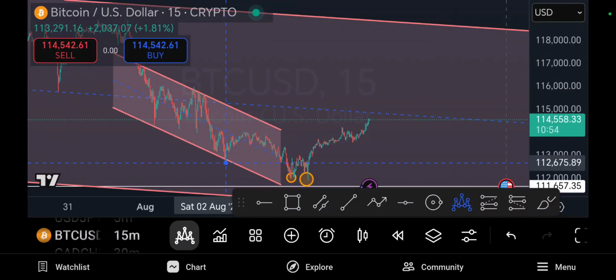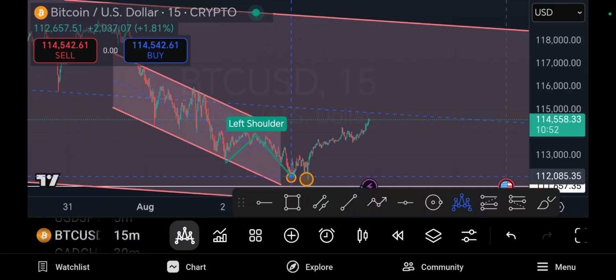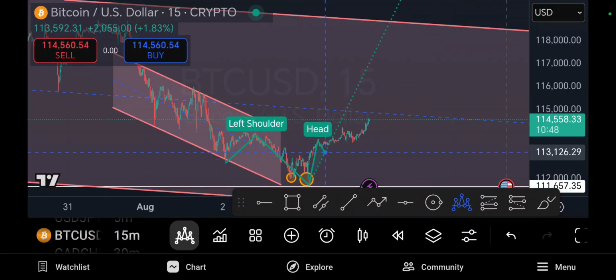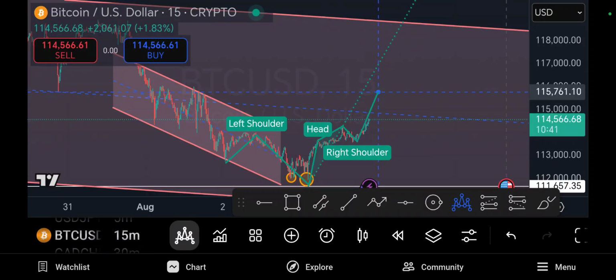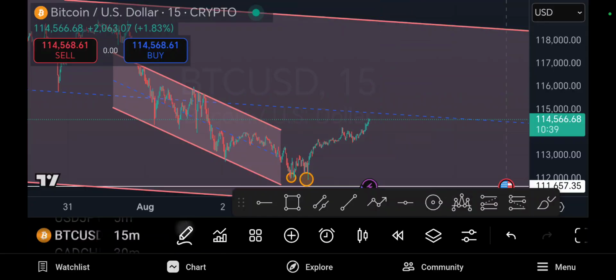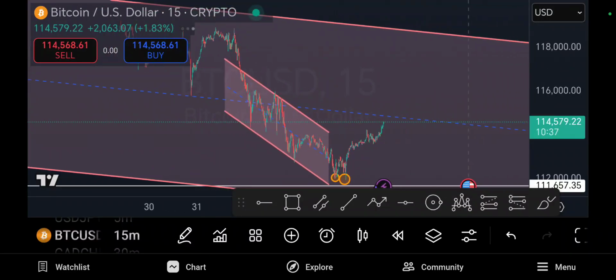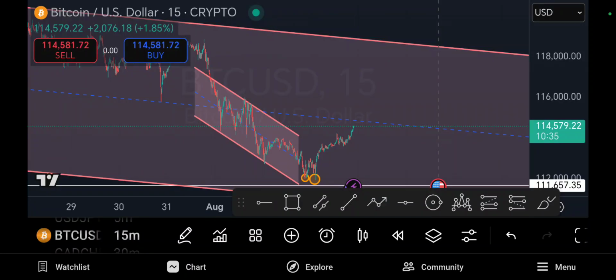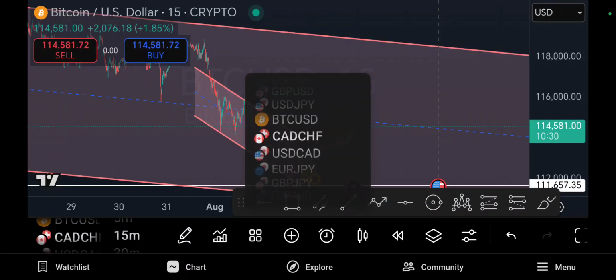See, left shoulder, head. See, this is the right shoulder. But you understand what I'm trying to say. I'm anticipating buys on Bitcoin. Done.